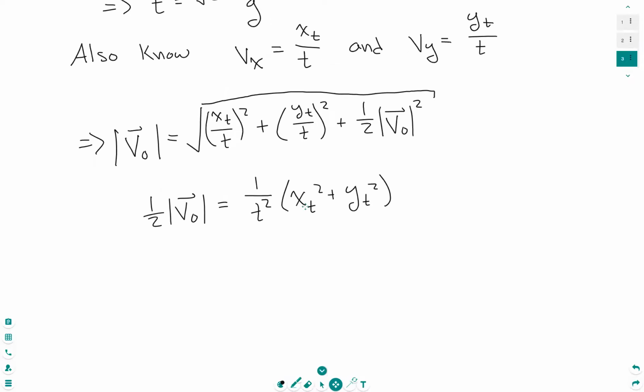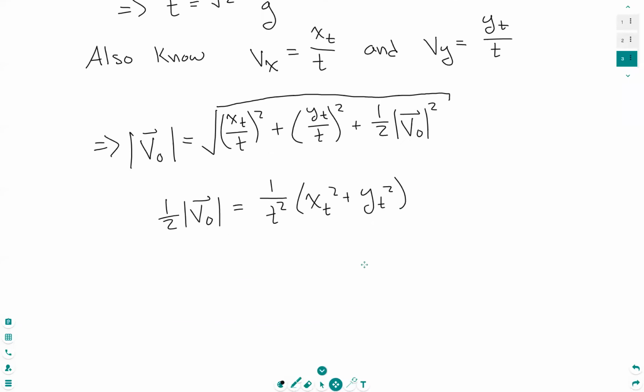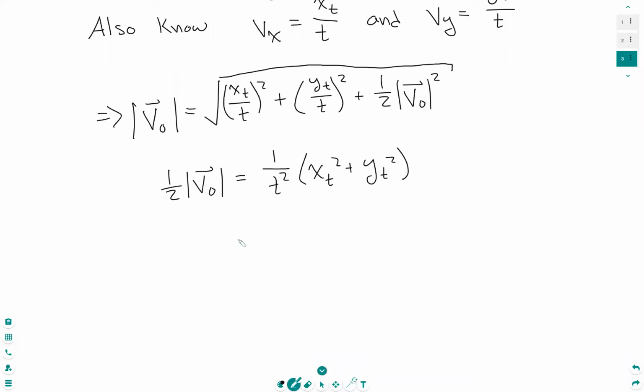Now our t value is radical 2 magnitude of v naught over g, so let's sub that in. This is g squared over 2 v naught squared times xt squared plus yt squared.